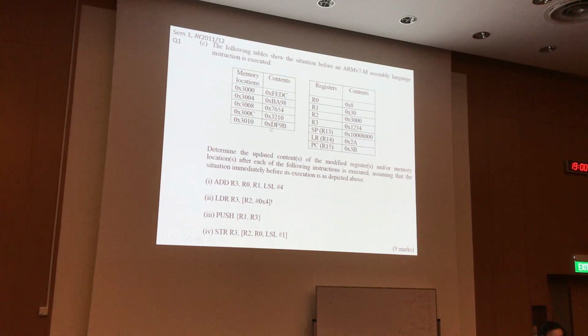Let's say you have this problem. We do expect very strong understanding of what's happening in memory and what's happening in processor registers, similar to what I revised just now. Since this one was very long ago, at that time we covered another addressing mode called register offset, which you don't need to know.